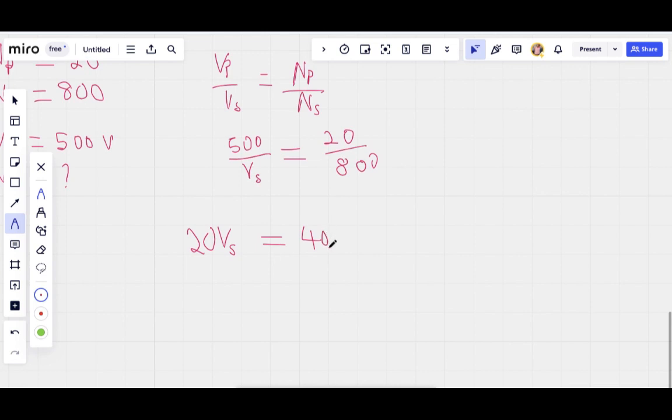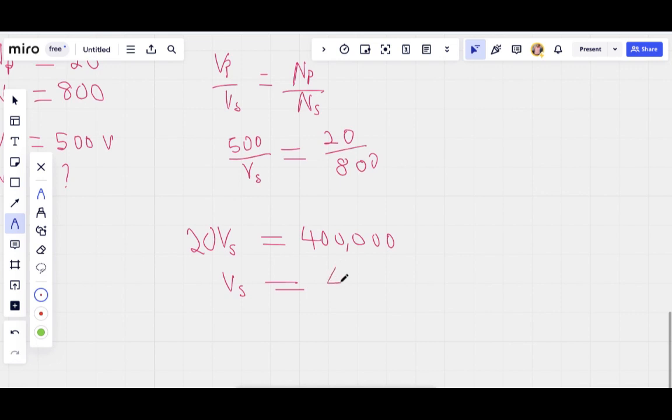To multiply without a calculator, you take the 40 and follow it with the 4 zeros, which is 400,000.